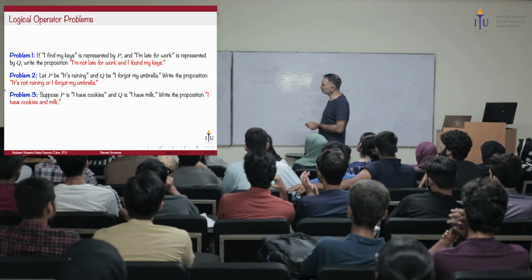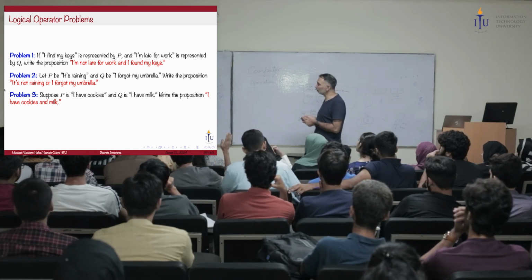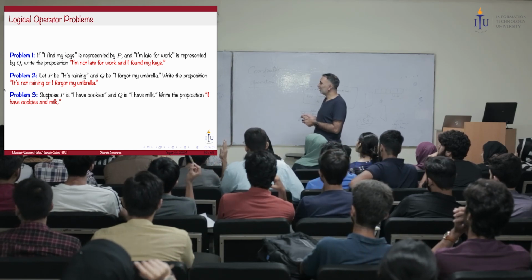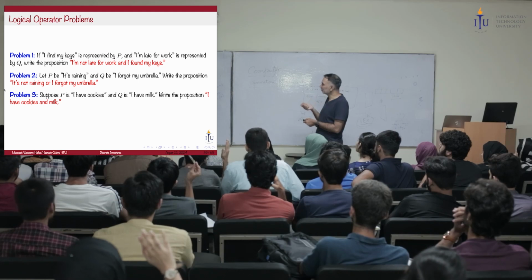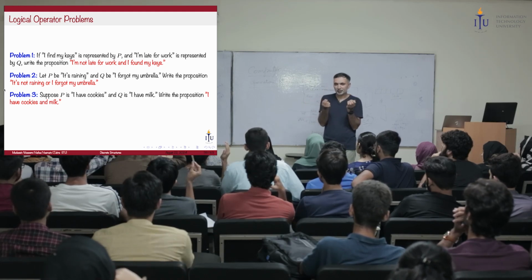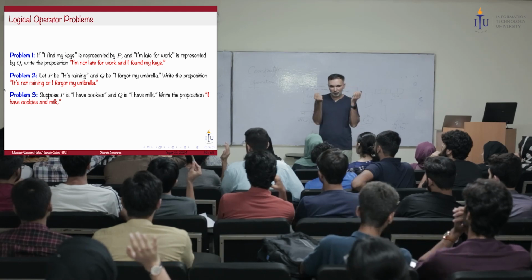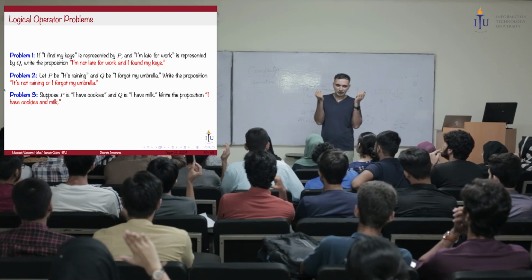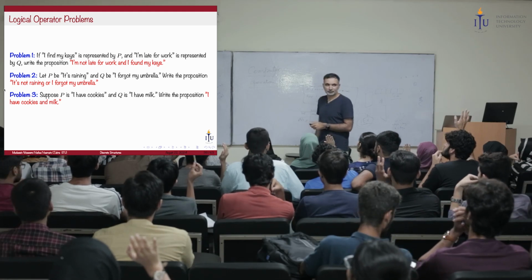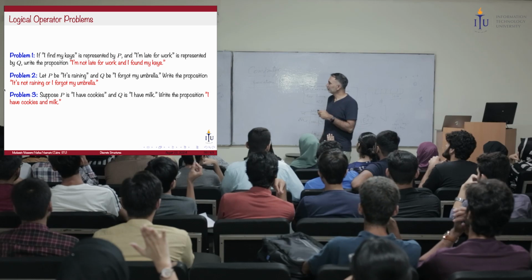P disjunction Q would be that I found my keys or I am late for work. But that's not what I am saying here. Or you would use exclusive OR.